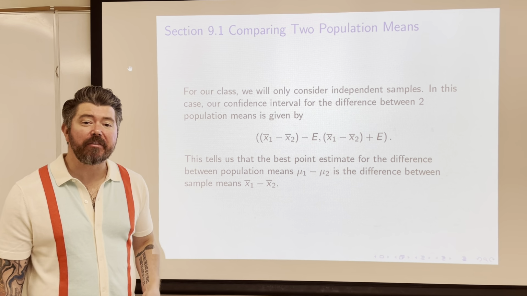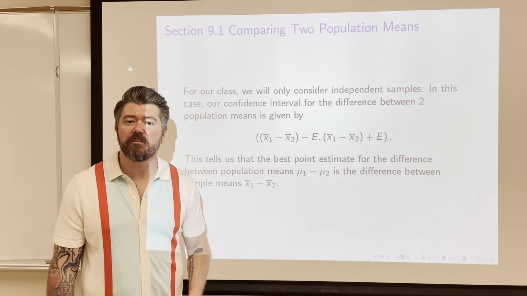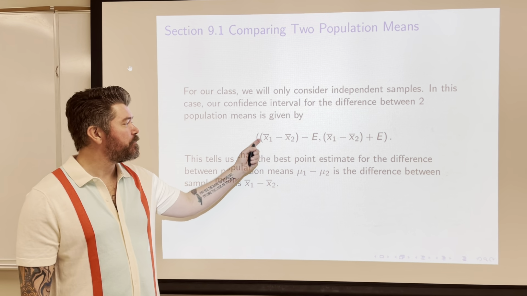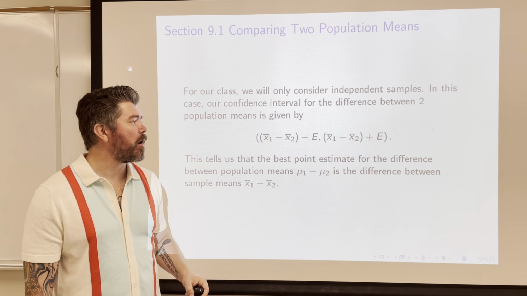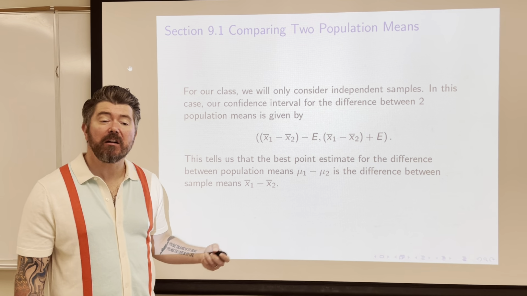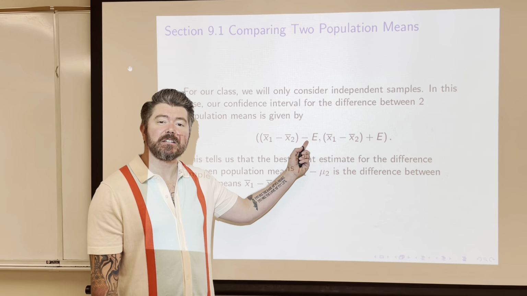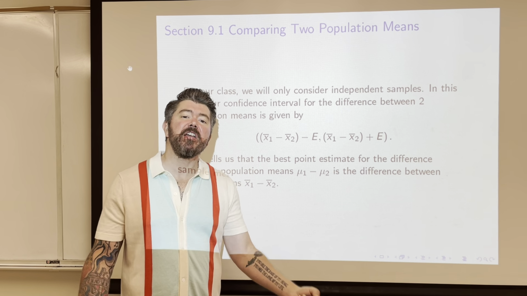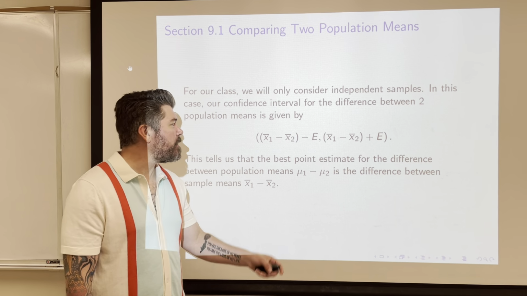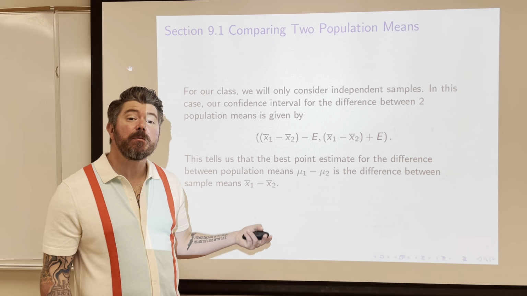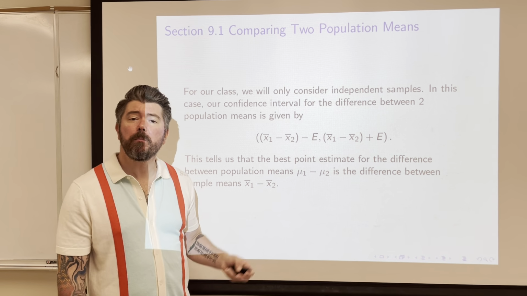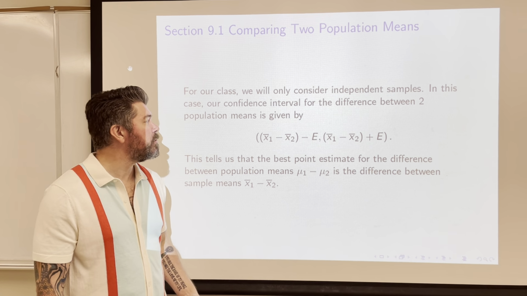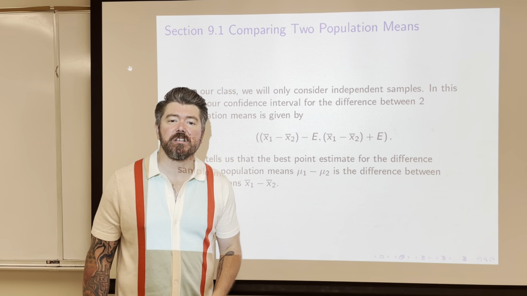And if we're looking at the difference, we might as well look at the difference in the sample. So here is our point estimate, x bar 1 minus x bar 2. And to create our interval, we're going to subtract our error and we're going to add our error. So nothing has changed here except for the fact that we're estimating something new, so our point estimate changes. Now, of course, since we're doing something new, our error is also going to change as well.